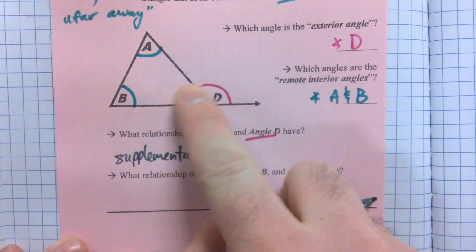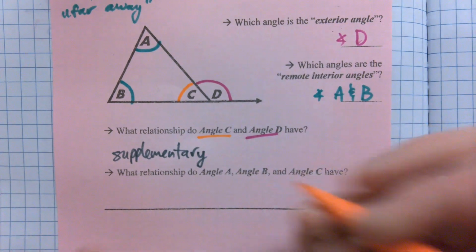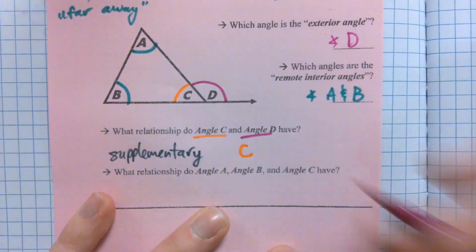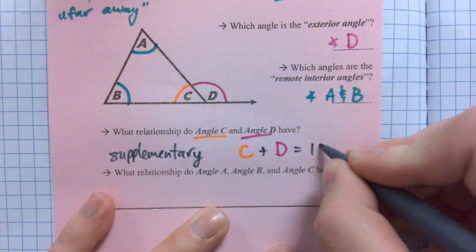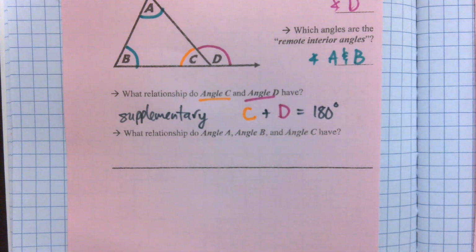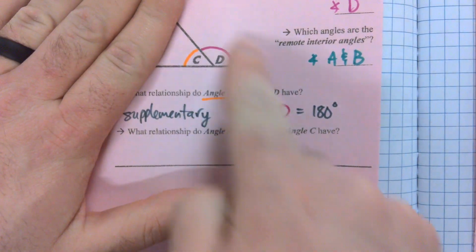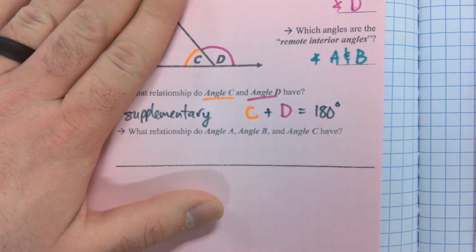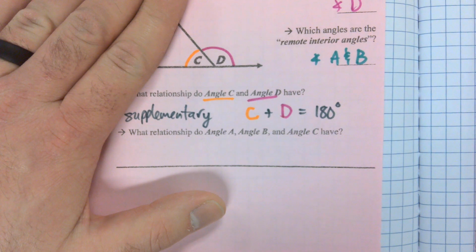How many degrees is that semicircle that we formed? 180. So angle C plus angle D equals 180 degrees. Give me a thumbs up if you see what we're talking about. Ignoring those other two angles, this is our classic supplementary relationship that we've been talking about since the beginning, where C and D add to 180. Perfect. I love it.